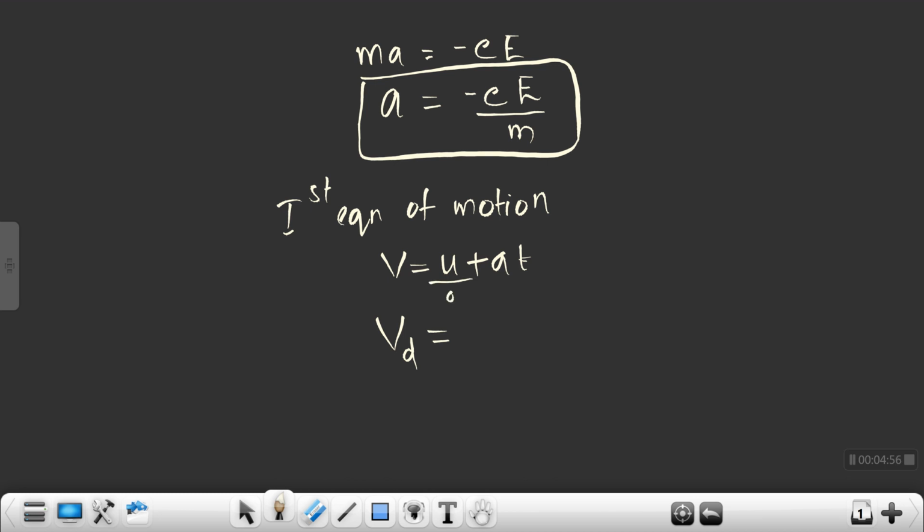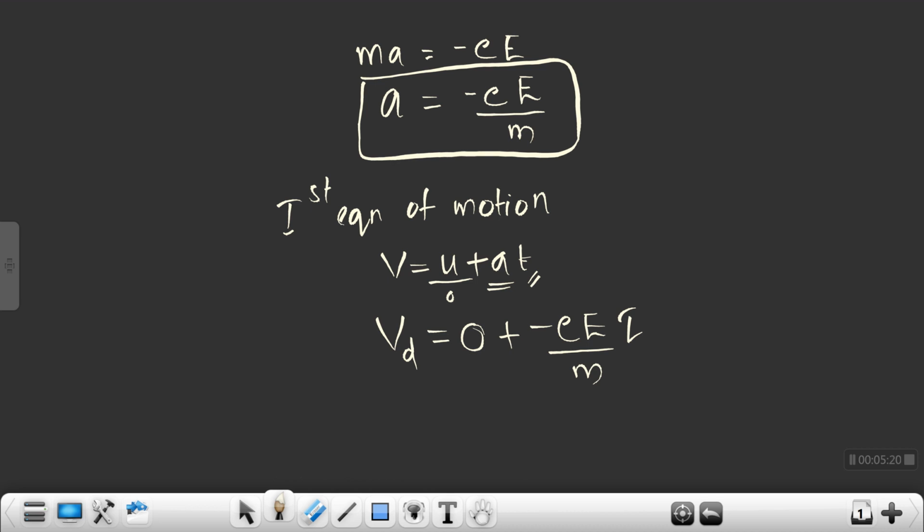So for u we have the value 0 here, plus we already found an equation for the acceleration of the electron, so we can substitute the acceleration here, that is minus eE by m. And for time we have the relaxation time tau.